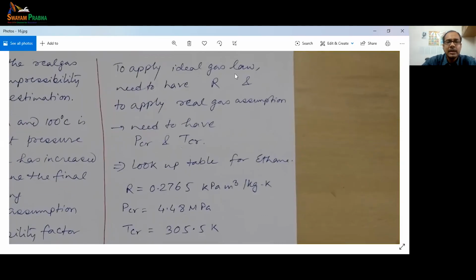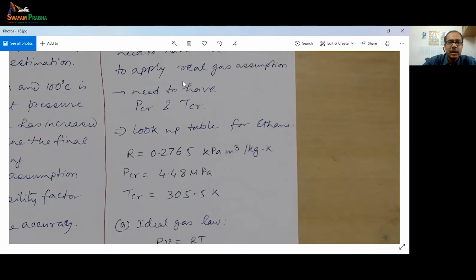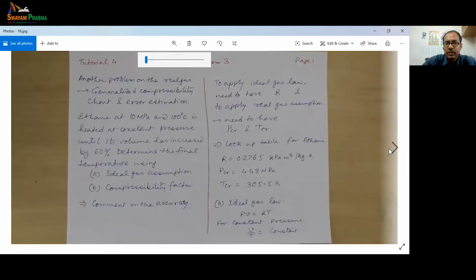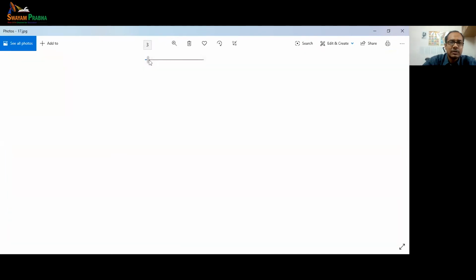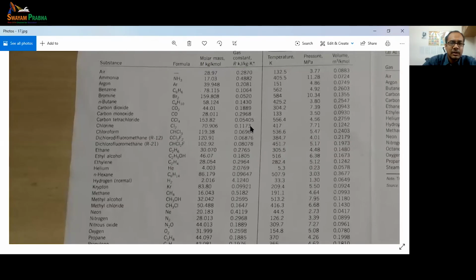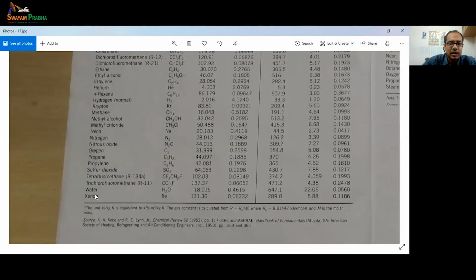Now to apply the ideal gas law, we need to have this gas constant R, and to apply the real gas assumption, we need to have the critical pressure and critical temperature. So let's look that up for ethane. This is the table we are coming again and again to, and earlier we have looked at air and water.